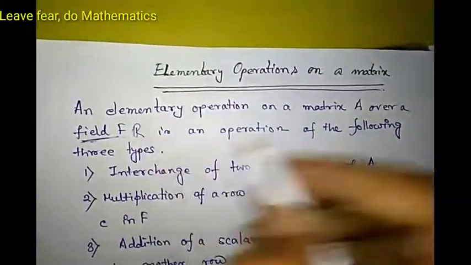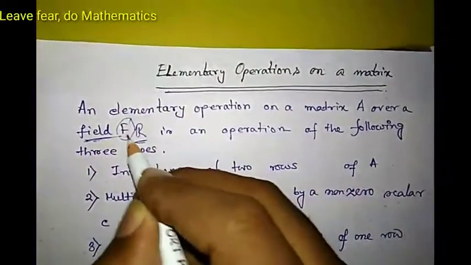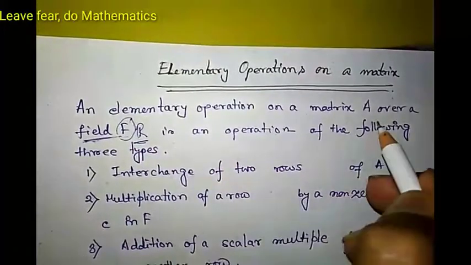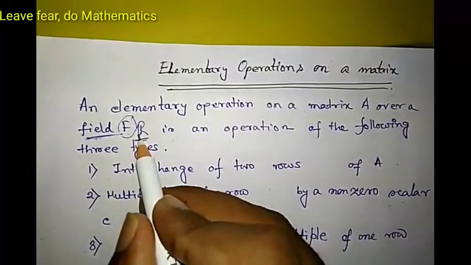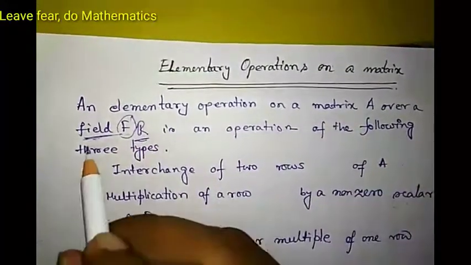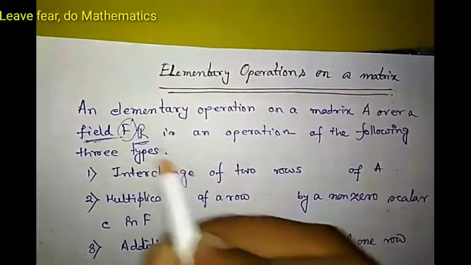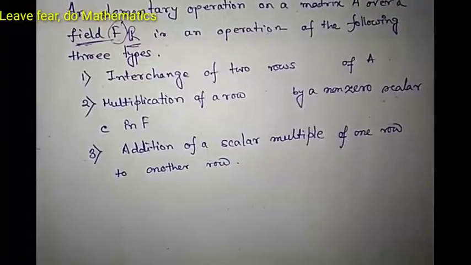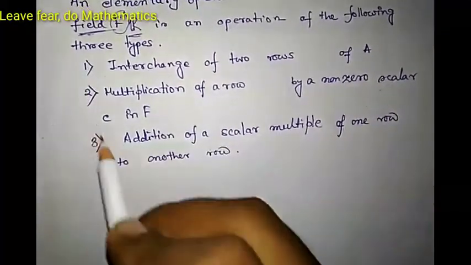A matrix over a field R means that the entries of the matrix A are from the set of real numbers. Okay, now it is clear to you. So now let us look at the operations. Elementary operation means these three types of row operations.